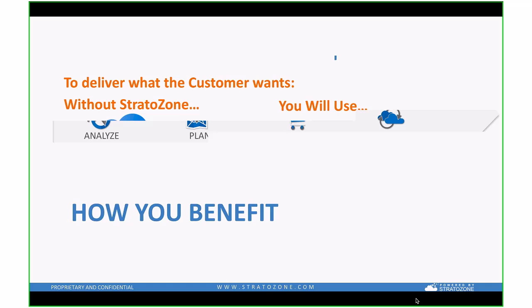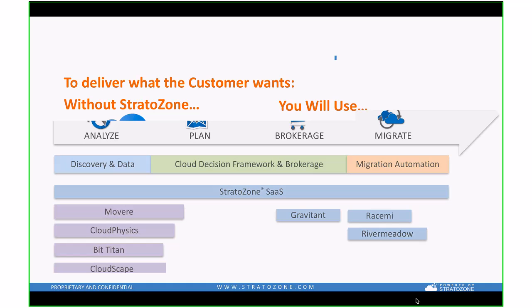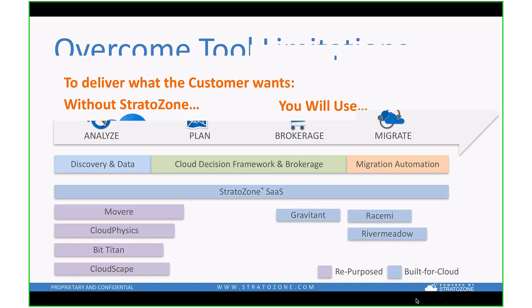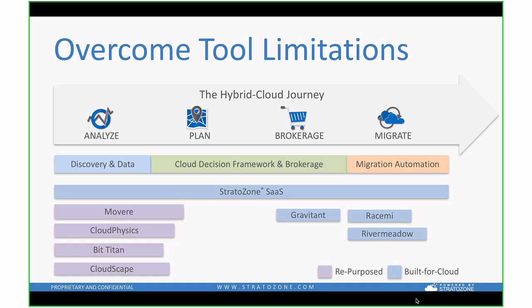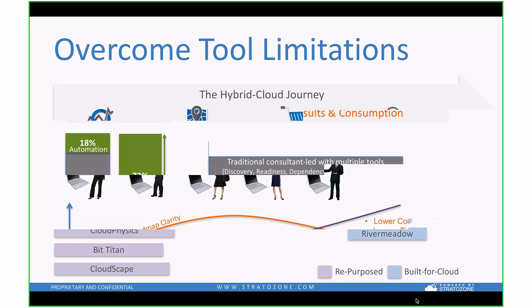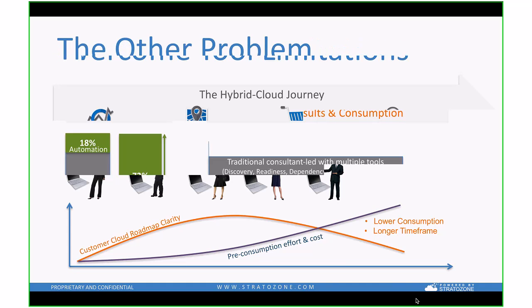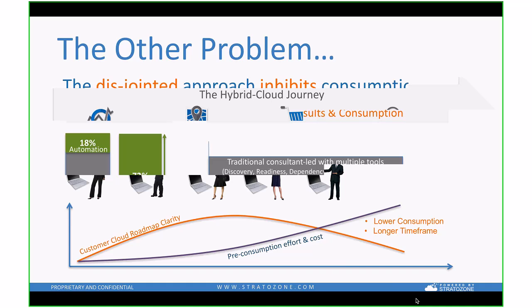One of the key things we like to point out is the middle component here. When you look at a lot of tools out there, this cloud decision framework is right down the middle, and there are a lot of missing pieces that are not on the market today. So that's one of the things we want to point out, and what that does is it avoids this disjointed process. The disjointed process inhibits consumption. We went through this years and years ago.